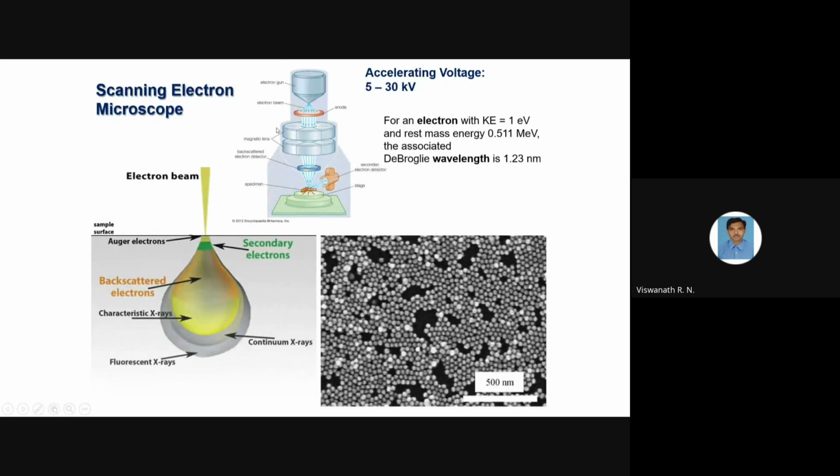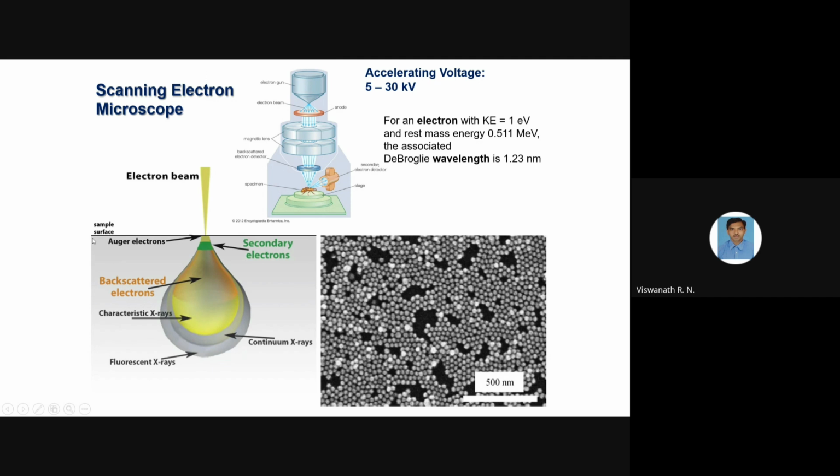That electron beam is focused through magnetic lenses and scans the object placed underneath. Then the detectors detect the information from the object.